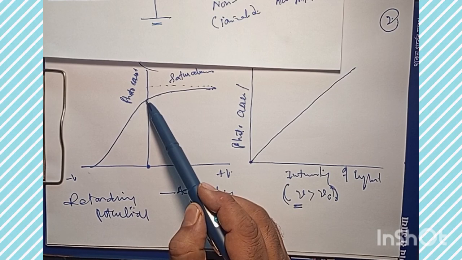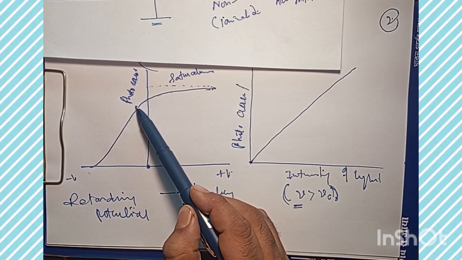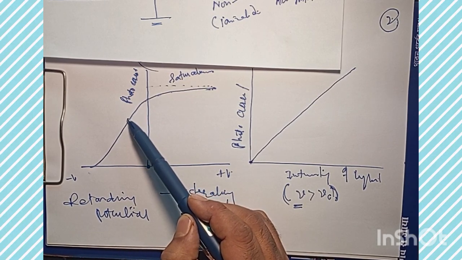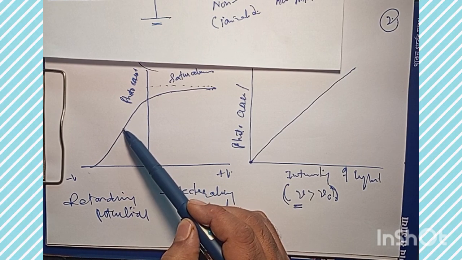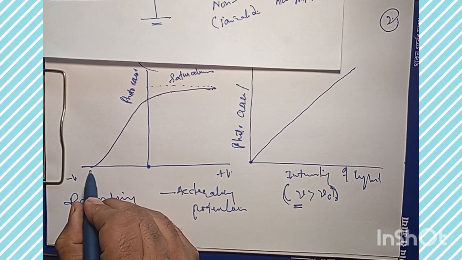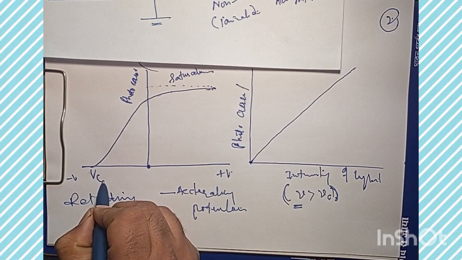It's not simply coming to zero, it goes on decreasing. For a sharply defined negative collector potential V0, the photoelectric current becomes zero. Let me call that potential V0.